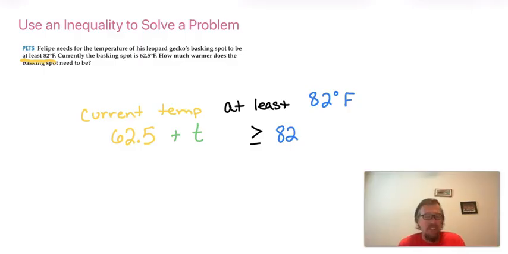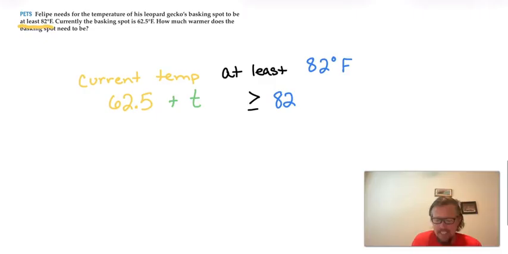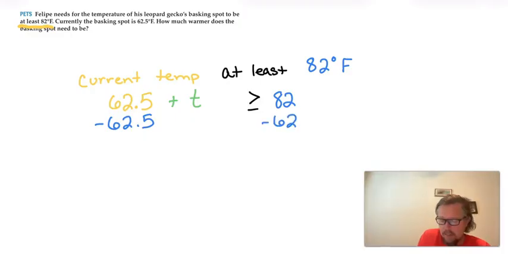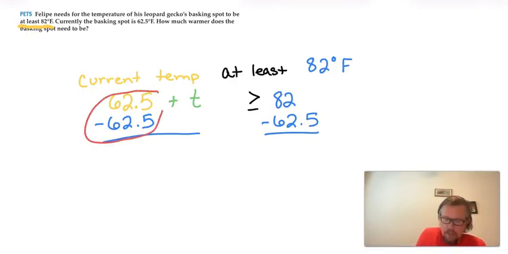So once we have the equation set up, it's pretty easy. This is a subtraction property question. We just go ahead and subtract 62.5 on both sides. So on the left side, the 62.5s are going to cancel, leaving us with just T, which is what we wanted.